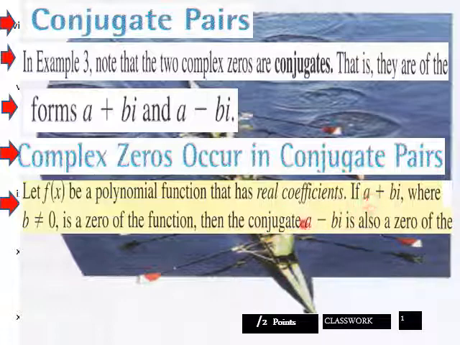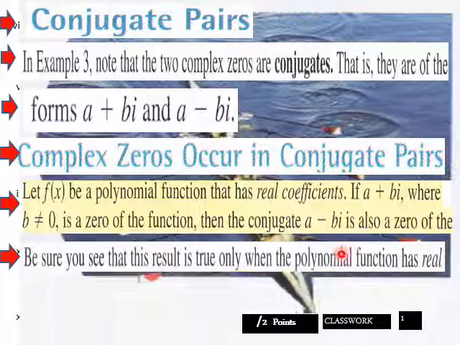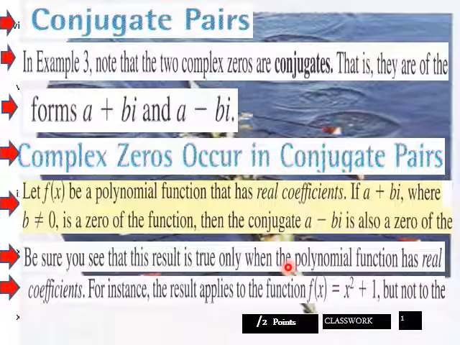If a plus bi, where b cannot equal 0, is a 0 of the function, then the conjugate a minus bi is also a 0 of the function. Be sure you see that this result is true only when the polynomial function has real coefficients.